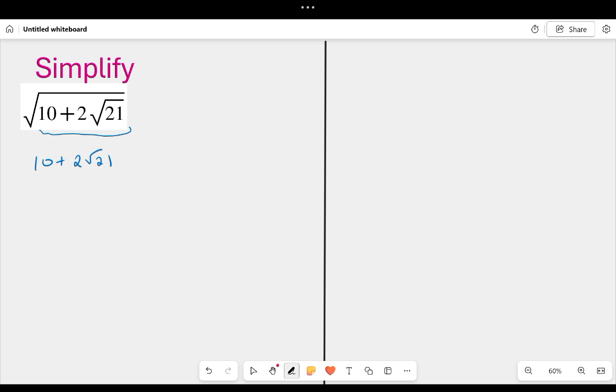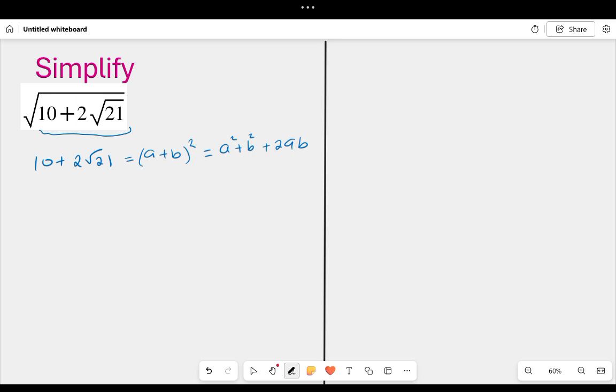This looks like a binomial expansion, whereby (a plus b) squared is equal to a squared plus b squared plus 2ab.